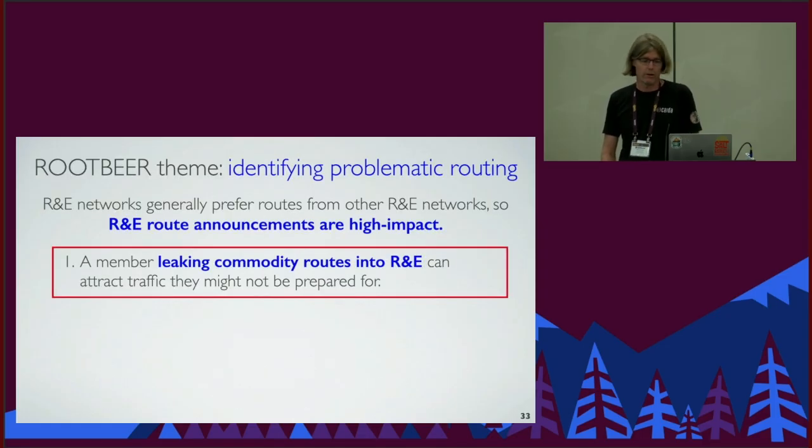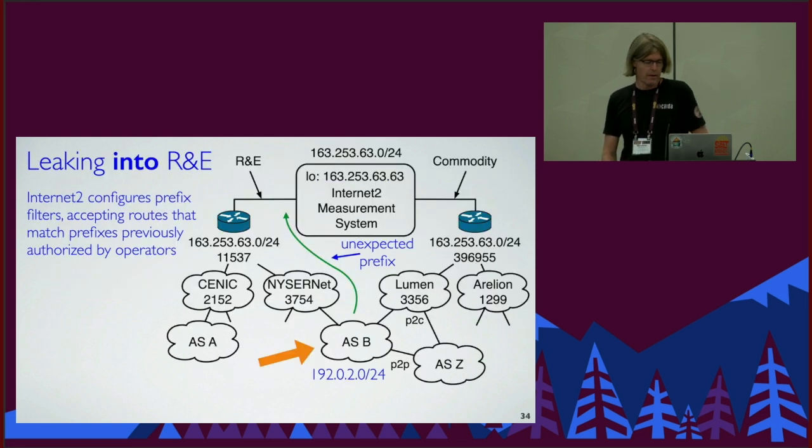So, we're first going to look at leaking commodity routes into R&E and some initial findings. For routes leaked into R&E, what we've done to start with is look at the prefixes that Internet2 is currently filtering because they're not authorized to accept the route from an R&E partner in the US.